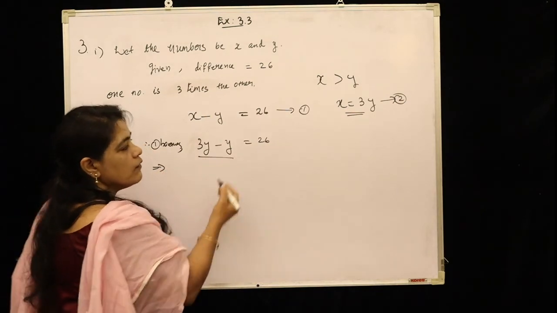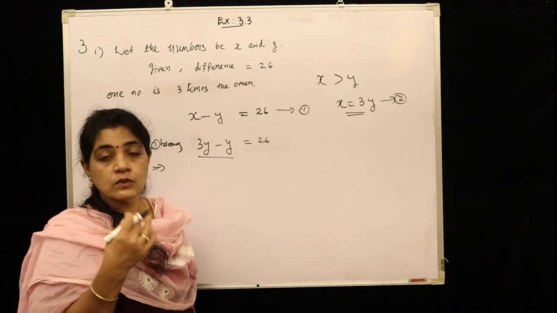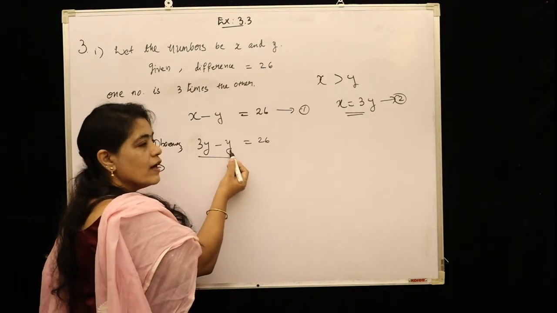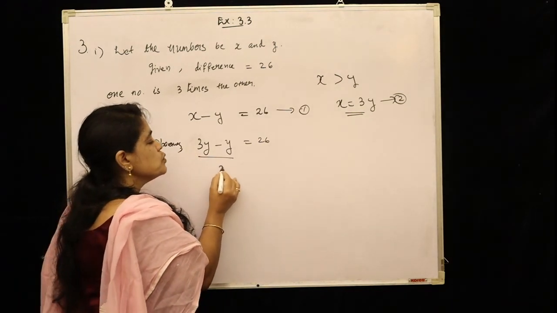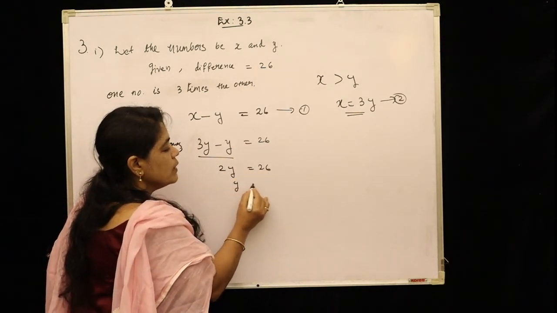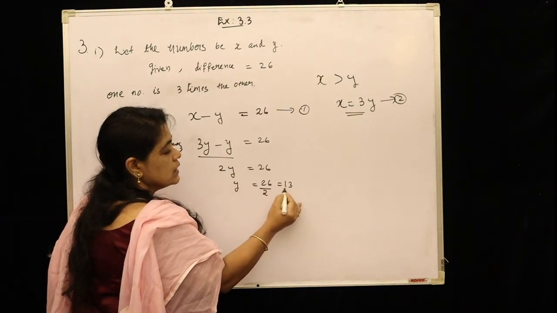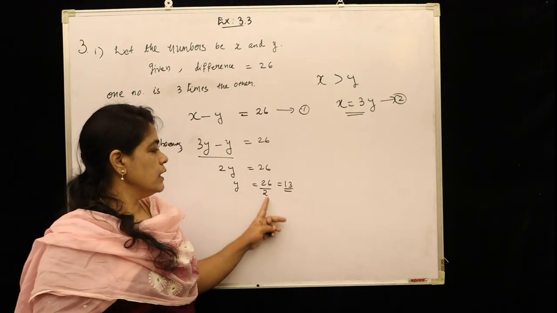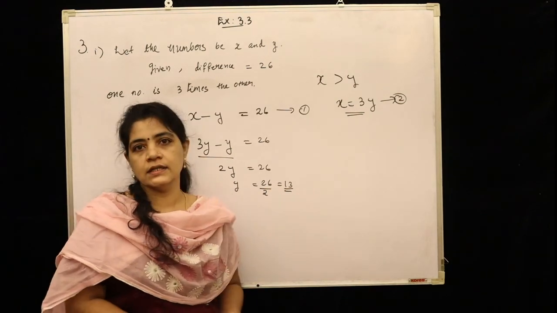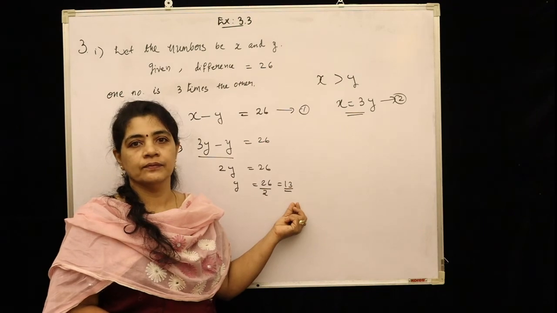These 3y and y are like terms that can be subtracted. So 3 minus 1, the coefficient of y being 1, gives 2y is equal to 26, and y will be 26 by 2, that is 13. So we have y is equal to 13.